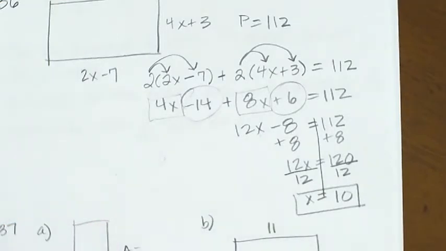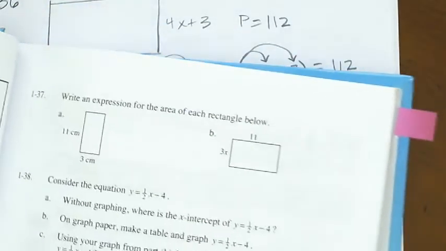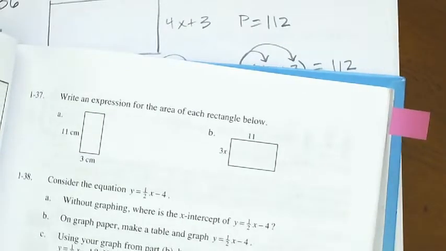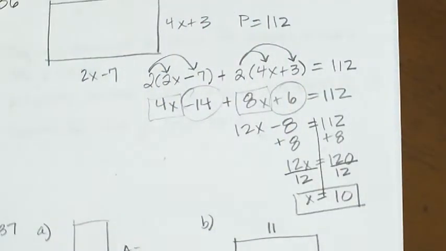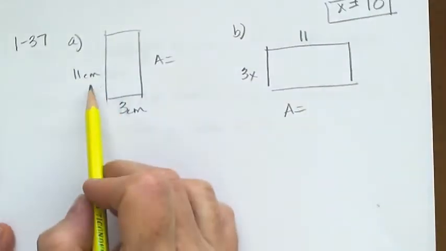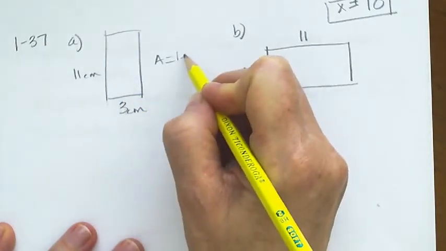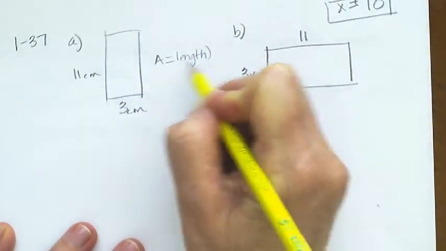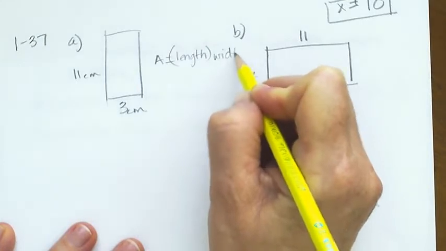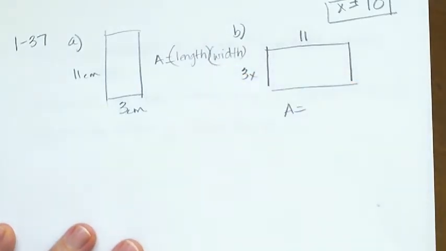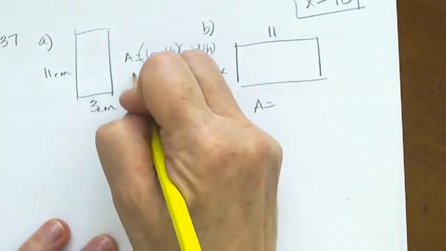All right, 137, write an expression for the area of each rectangle. So I do want these two rectangles drawn on your paper. If you were finding the area of this rectangle, you would multiply the length times the width, or you can think of that as the base times the height.